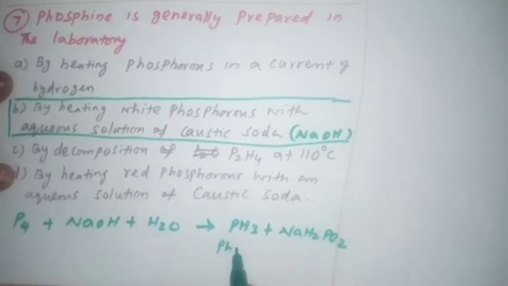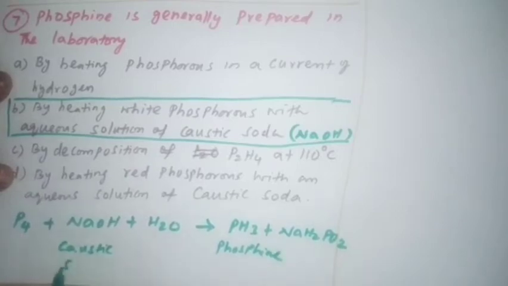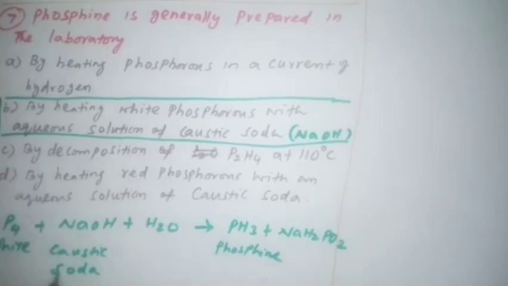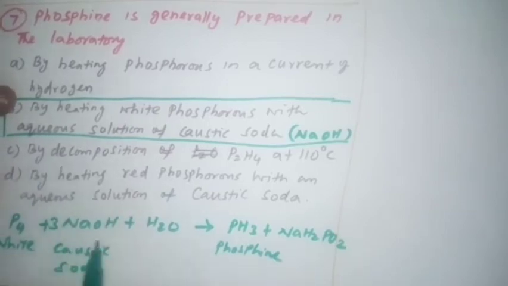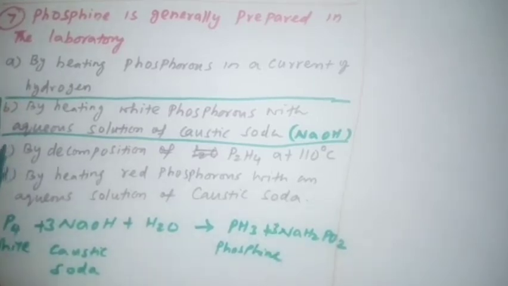So this is phosphine, and this is caustic soda. Aqueous solution means we are adding water. This is white phosphorus. Okay, now balance the equation. Put 3 here, then put 3 here. Now the equation is balanced. So option B is the right answer.